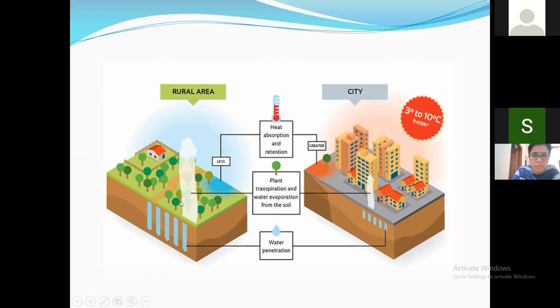soil or vegetation, grass, or natural surfaces, which allow rainfall to percolate deep into the soil in the rural areas, which is not the case in urban areas where most of the precipitation would go as surface runoff. And then there would be differences in the amount of water that is evaporated from the surfaces.